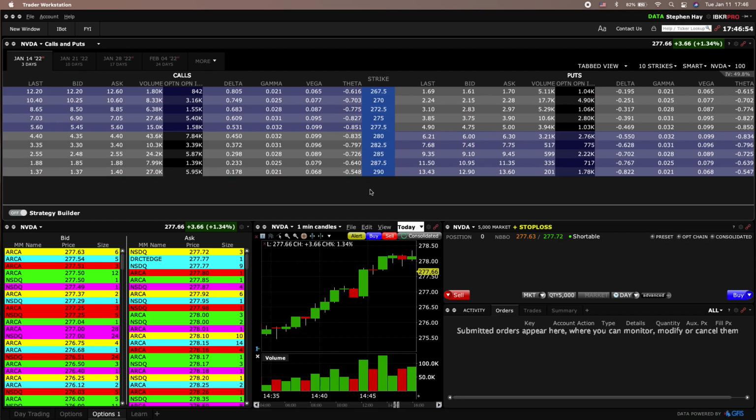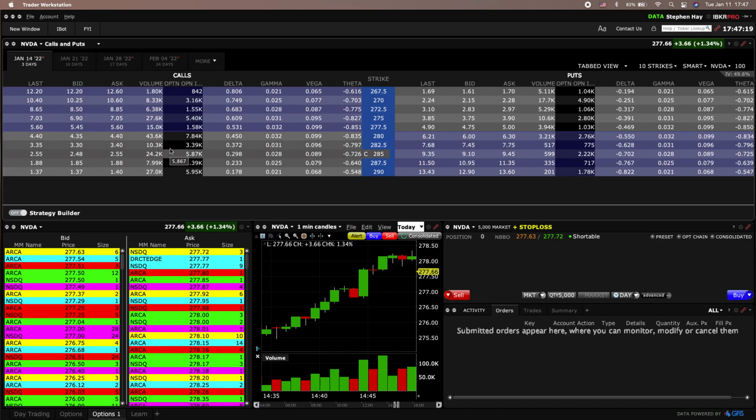Now, for the settings that we need on this chart table, it depends if we're swing trading or day trading, right? In this setup, I just put everything up, but I'm going to eliminate things that we don't need if we're day trading, okay? So for day trading, things I look at are the implied volatility, so I'm going to keep that here. I need to see the price, the bid and the ask. I need to see the volume and the open interest.